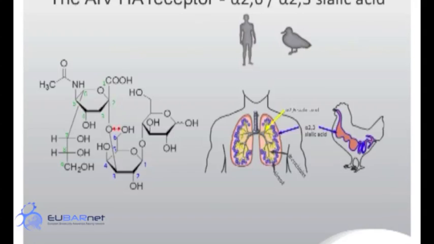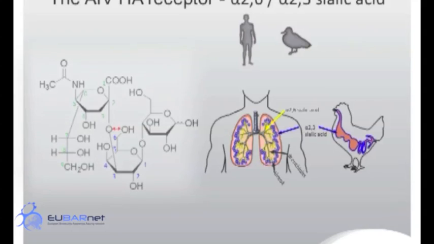And the reason is probably related, although this is a simplification, to the fact that a human has this kind of receptor, and this is sialyl lactose. Here you have sialic acid, also called neuraminic acid, and here is lactose. And if you move this bond in sialyl lactose between these two oxygens, then you get two different variants of this sugar.